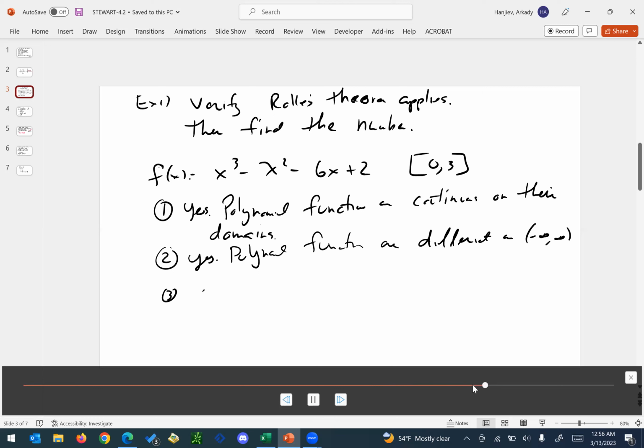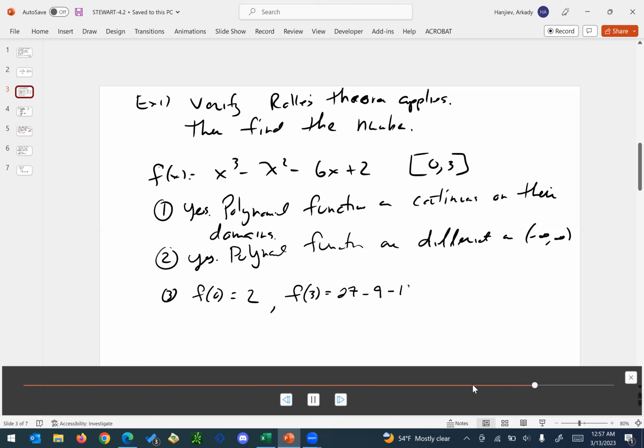All right, and number 3. Does our beginning value match our end value? That's the question. So I'm going to do the work here. You guys check it here. If I put in a 0 into this function, I'm going to get out a 2. If I put in a 3 into this function, the question is, does it come out with a 2?